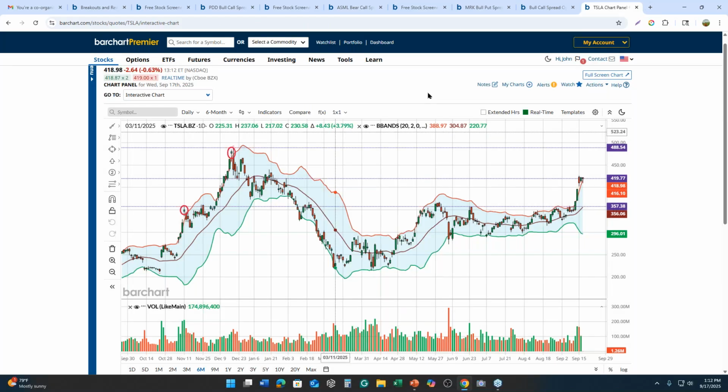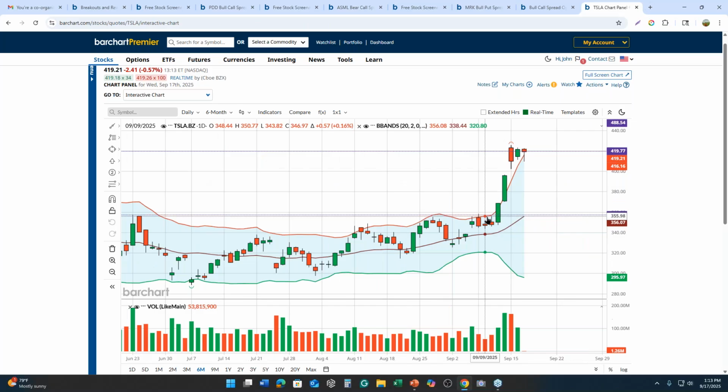All right, let's talk about these ideas of continuation versus exhaustion. Again, these are just general guidelines. Start with bandwidth. Narrow bands that flare out can signify the start of a continuation move. You can see for Tesla here, we're getting that flare out. Let's make this a little bit wider.